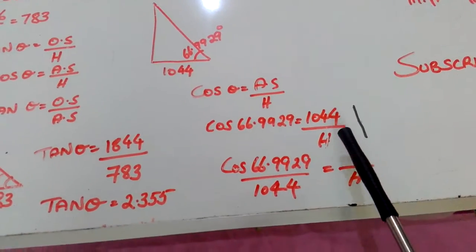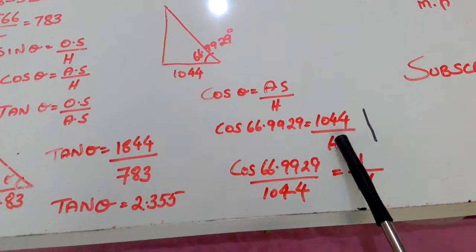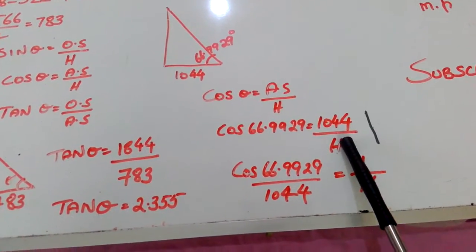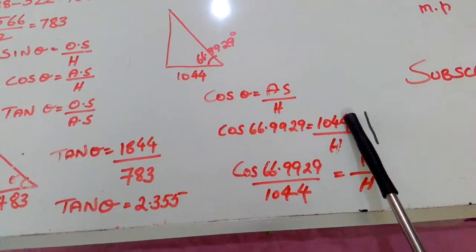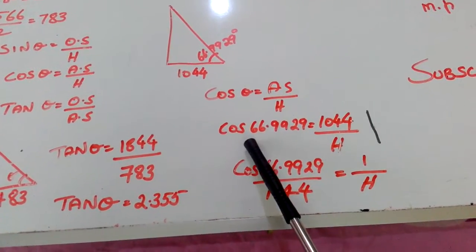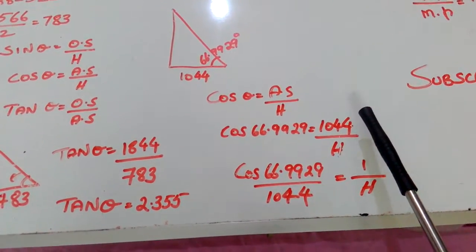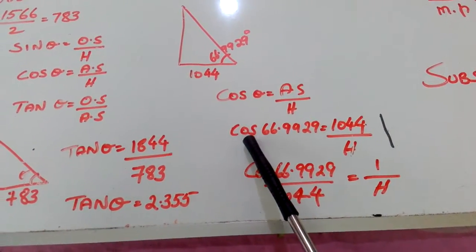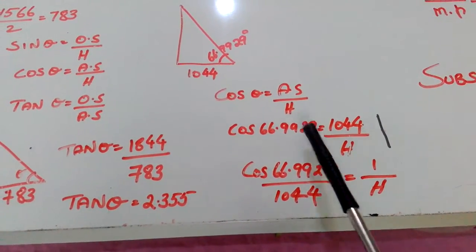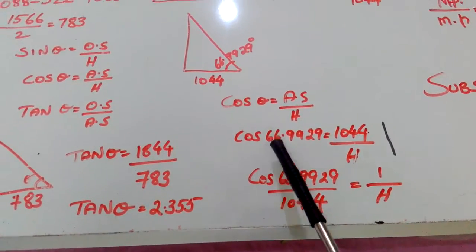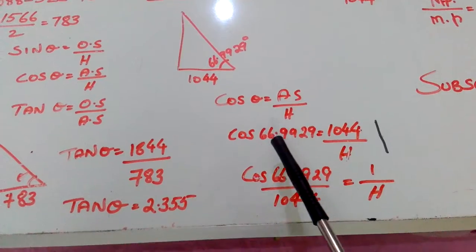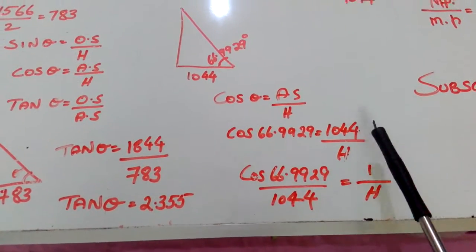To find the hypotenuse, we have to keep the hypotenuse here, and we have to take this measurement from here to here. Everybody knows, if a measurement is multiplied on one side, when it reaches the other side of the equals sign, it will be divided. If it is on the top side, it will become the bottom side. So the same thing happened.